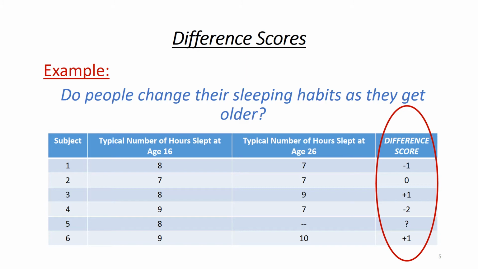So when we get to the null and alternative hypotheses in step 2 of our hypothesis test, you'll see that reflected in how we change the way we write them. The focus will be looking at that difference score and the average difference score for the overall group. All right, let's go ahead and move on to the next step and get started with the hypothesis test.